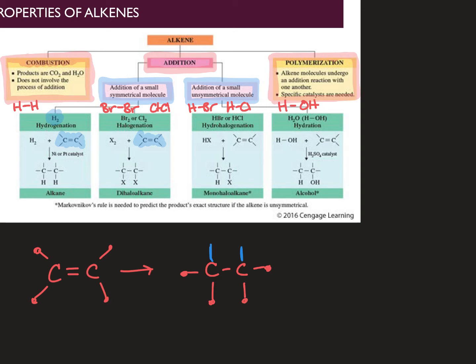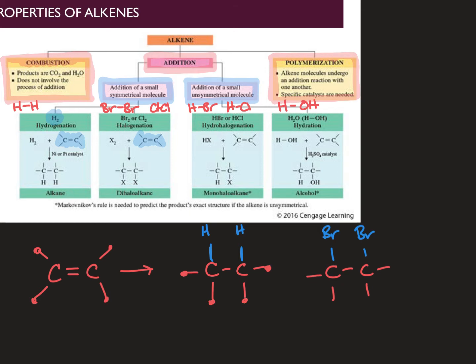So for the symmetrical addition, you're just going to put one atom of each half on each carbon. If I'm going to add H2, I add one hydrogen to each carbon. If I'm going to do the halogen, if it was bromine for example, I would add one bromine atom to each carbon.